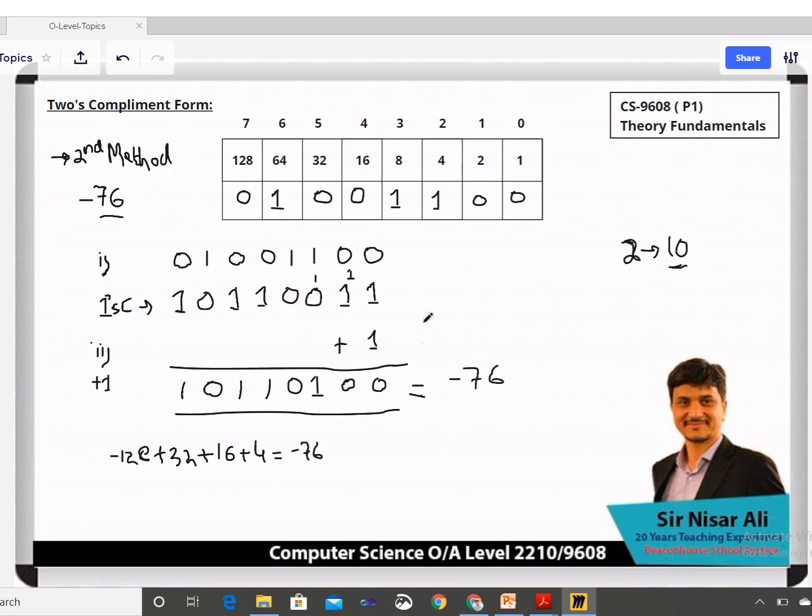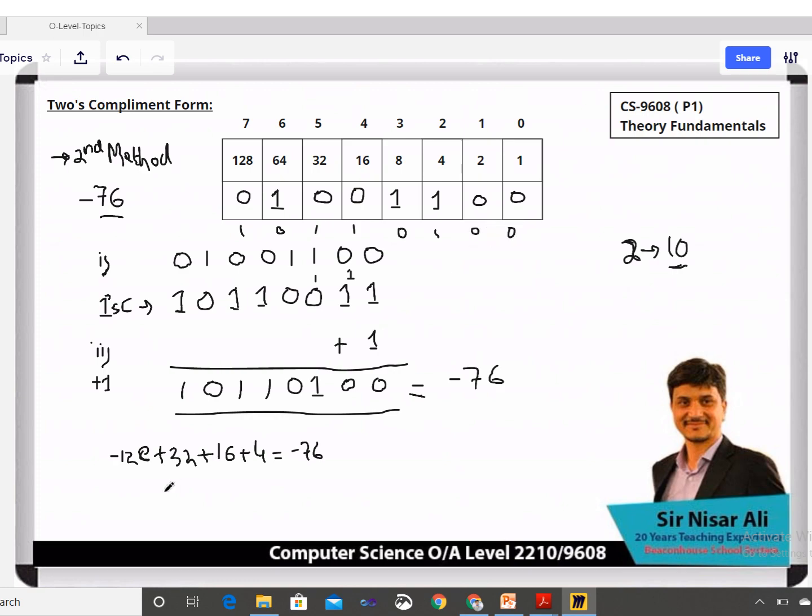So 32 is on, 16 is on, 8 is off, 4 is on, and all others off.